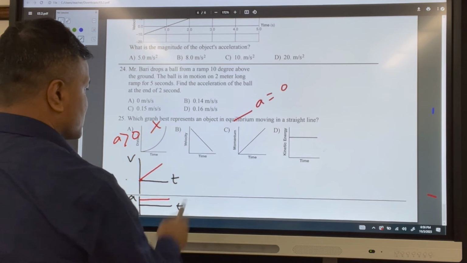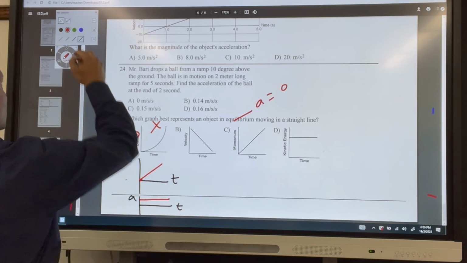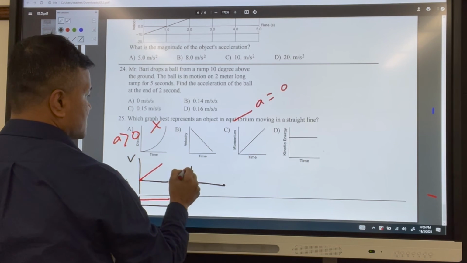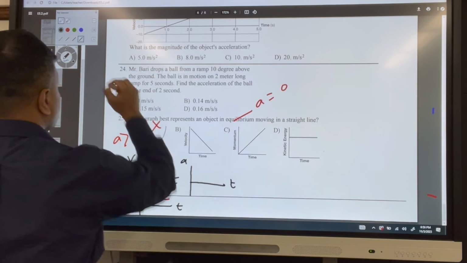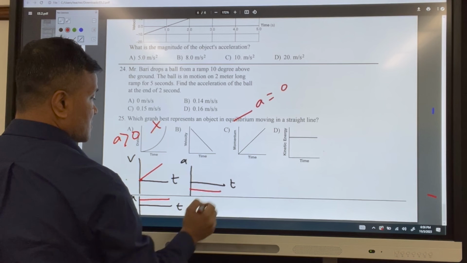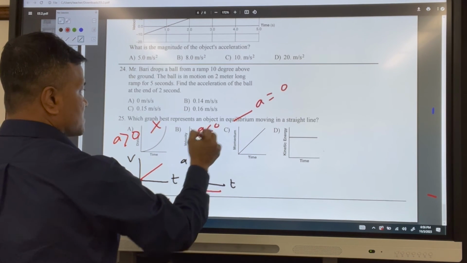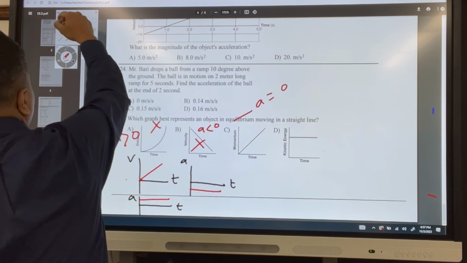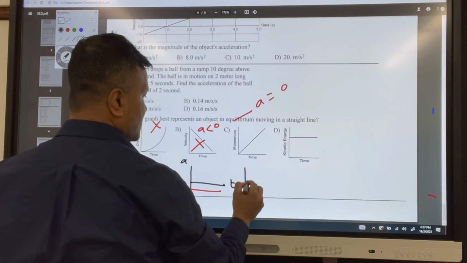All right, velocity versus time. What is the acceleration over here? Let's see. This is At, so acceleration must be this one. So acceleration is less than 0. So this is no good. Momentum: on your reference table, what do you know about momentum?